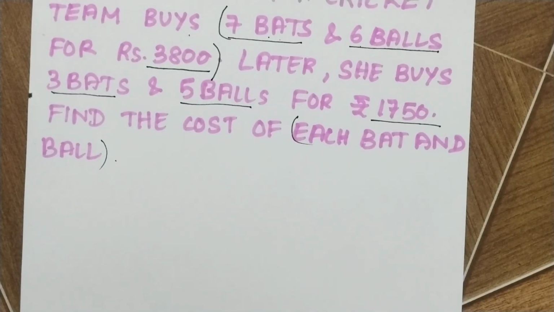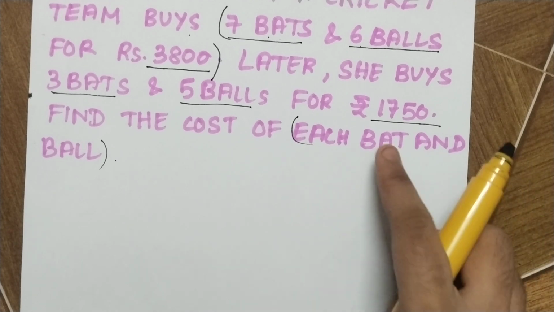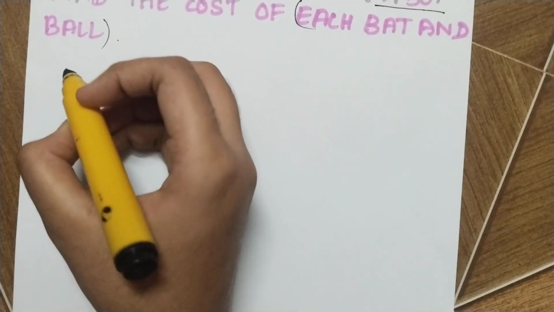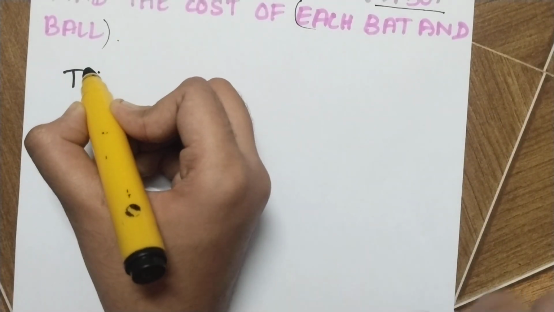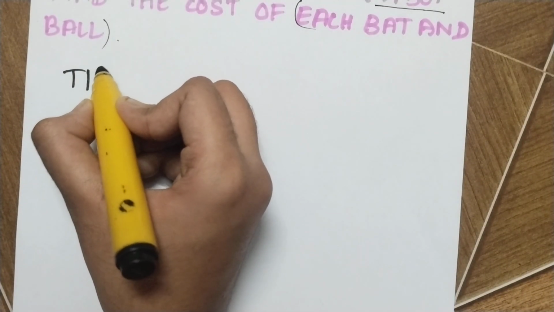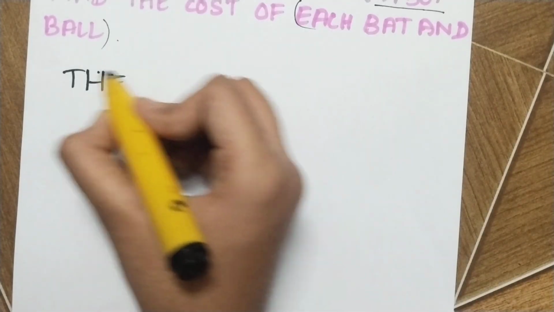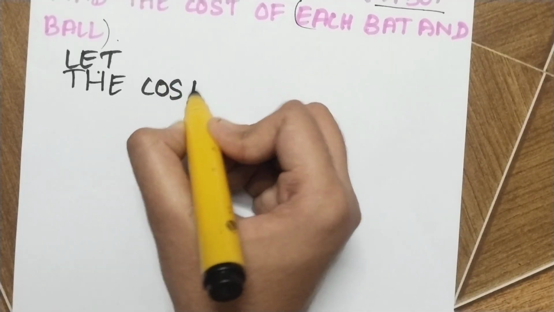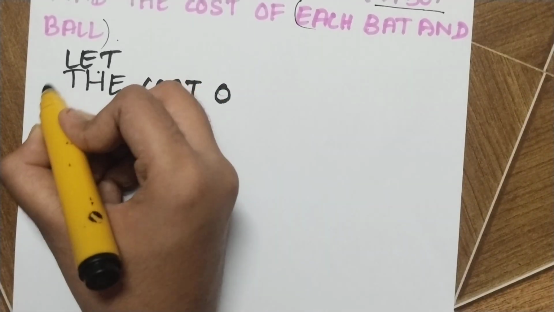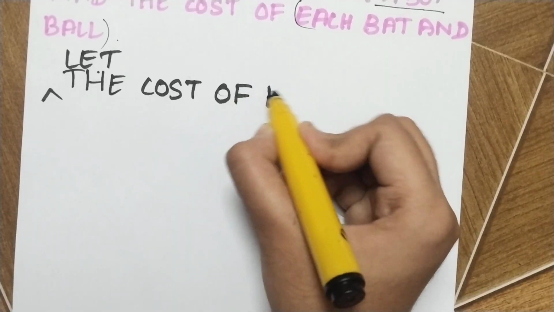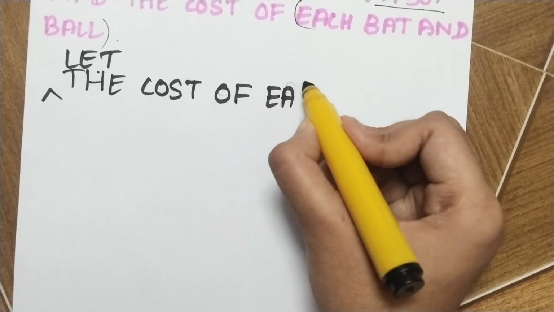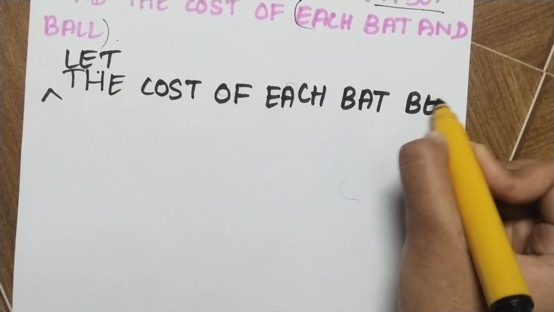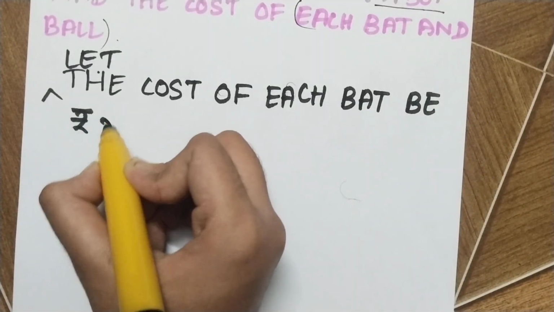Okay, so here first my unknown quantity is the cost of each bat and ball. Okay, so now I can name them. Let the cost of each bat be rupees x.